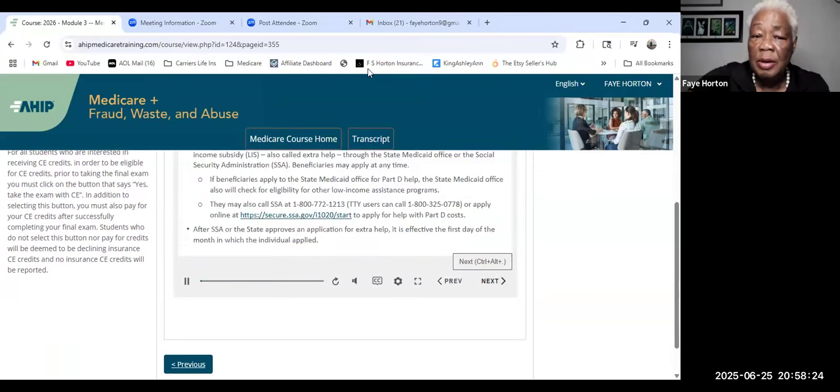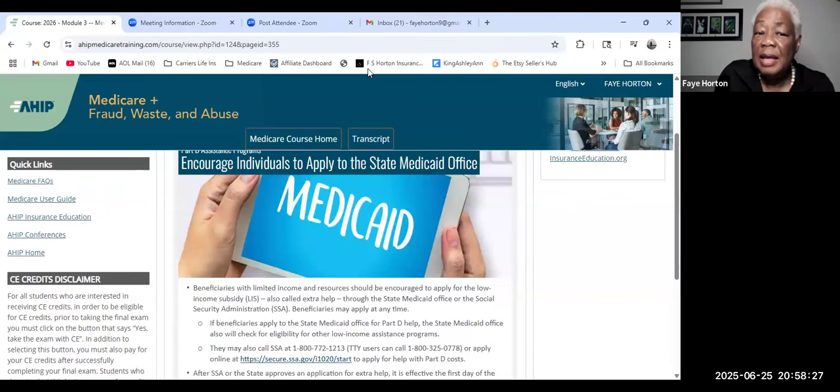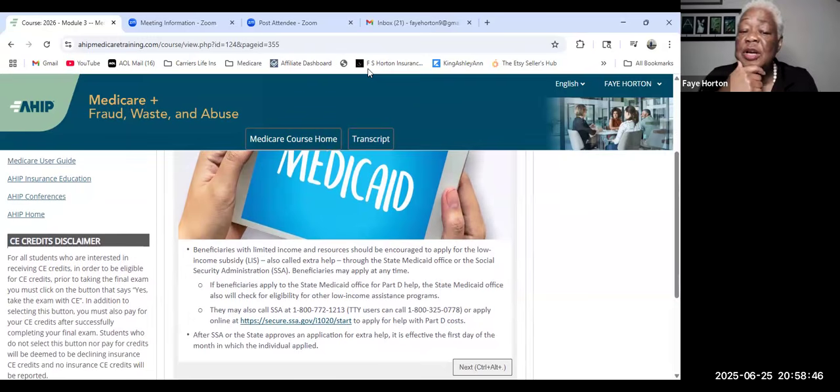Part D assistance programs. Medicaid, of course, is where beneficiaries with limited income and resources are encouraged to apply for low income subsidy, but that's actually through the Social Security Administration, SSA.gov, and beneficiaries can apply at any time. If beneficiaries apply to the state Medicaid office for Part D help, the state Medicaid office also will check for eligibility for low income assistance programs.